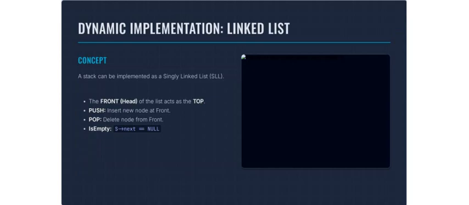So here two things we are taking, that is front. The front of the list acts as the top. Instead of top, here we are using the word front, and we are going to have push and pop, with isEmpty for checking the condition.